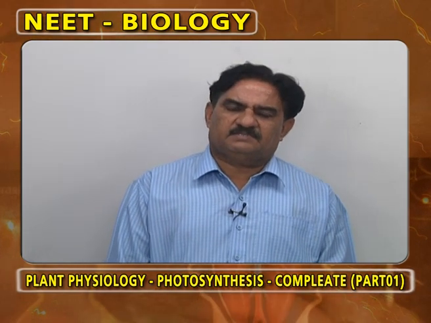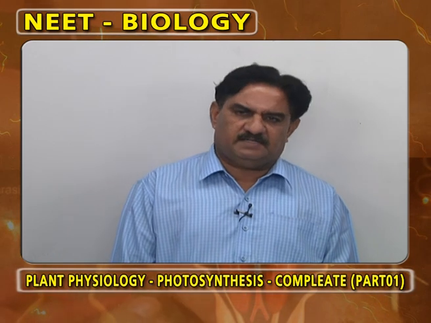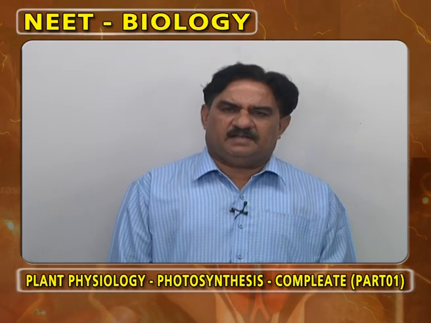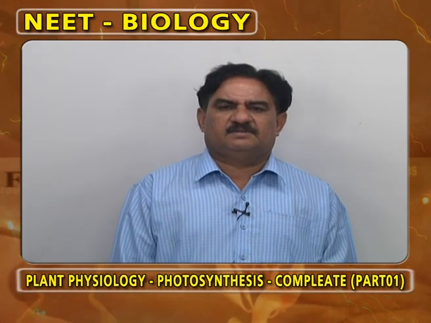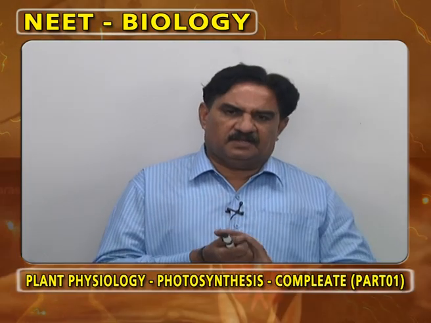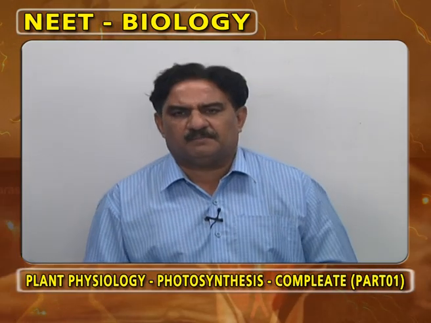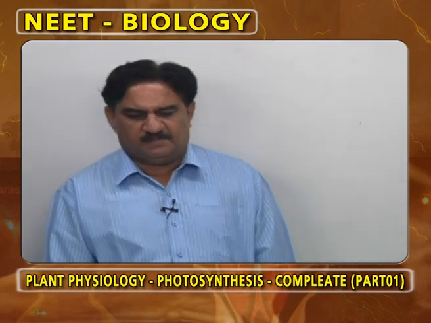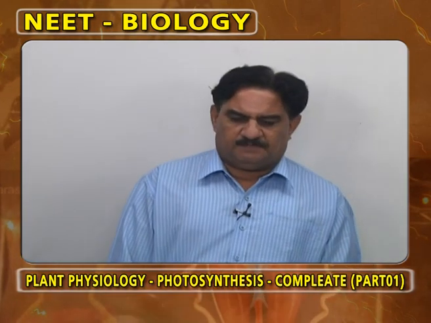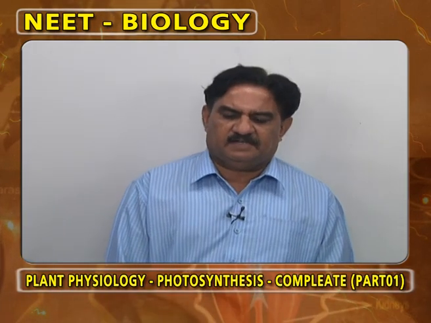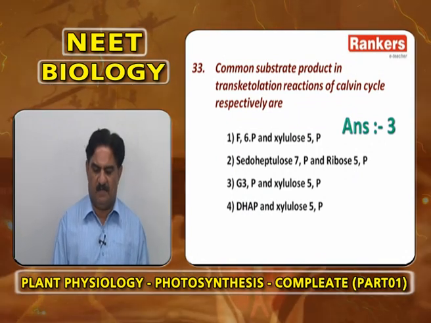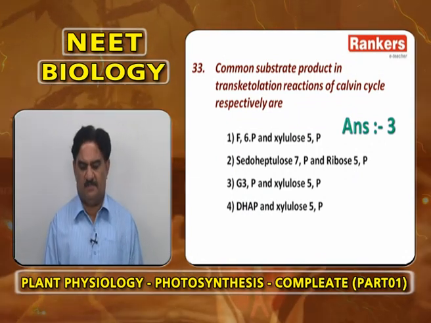Again, when sedoheptulose 7-phosphate combines with glyceraldehyde 3-phosphate, again by transketolase enzyme, xylulose 5-phosphate and ribose 5-phosphate are formed.